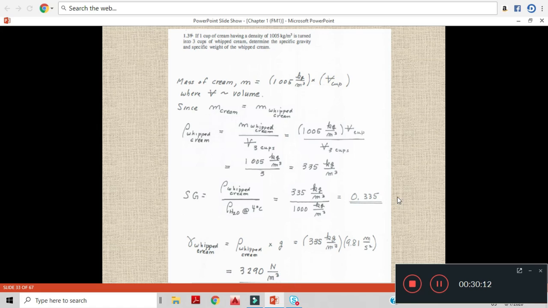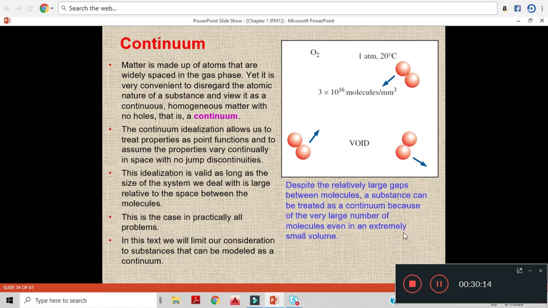Okay. Next is continuum. Since we are studying fluid mechanics, in this case we are considering a continuum approach. So what is basically the continuum? We all know matter is made up of atoms that are widely spaced in the gas phase.